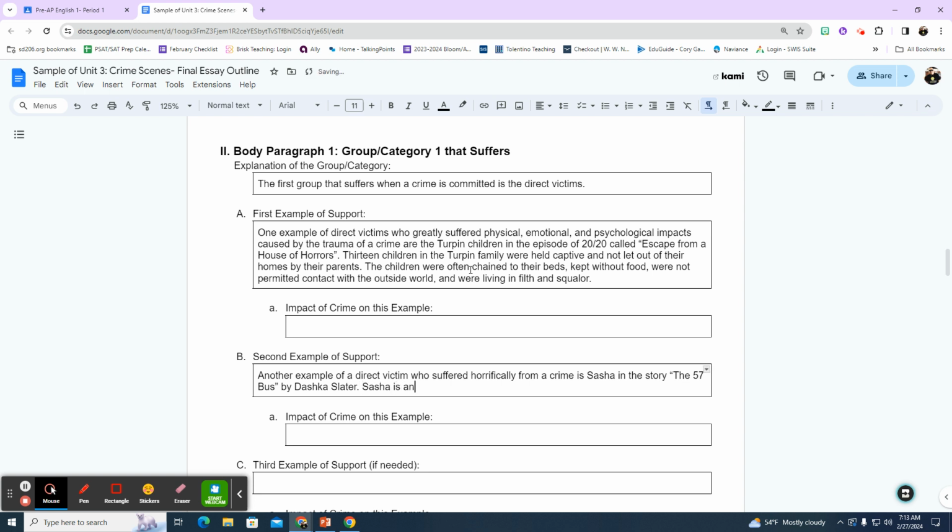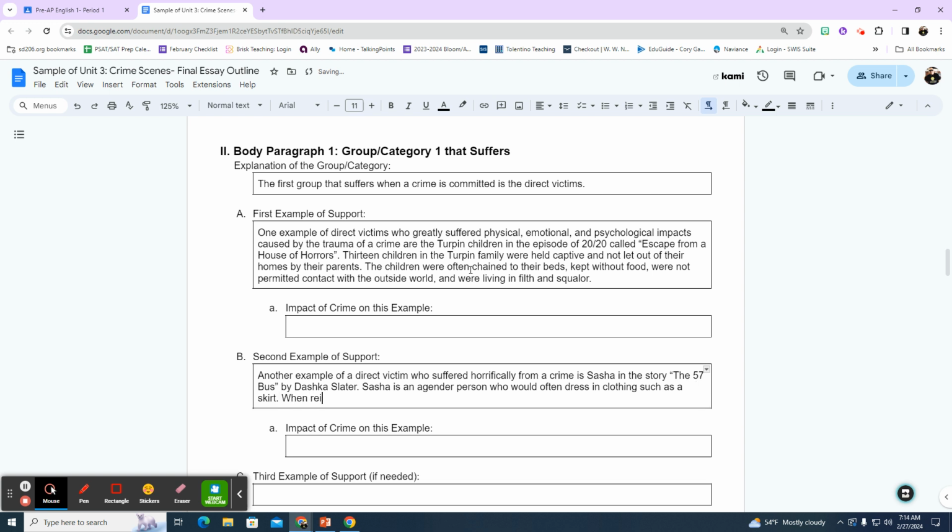Sasha is an agender person who would often dress in clothing such as a skirt.